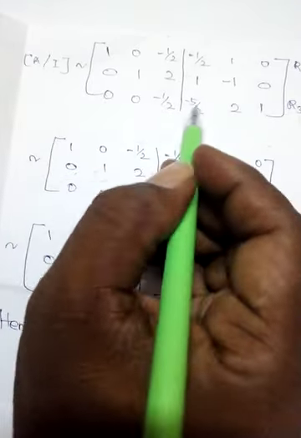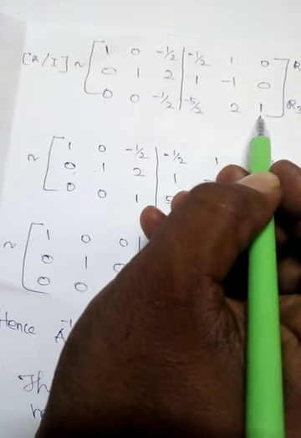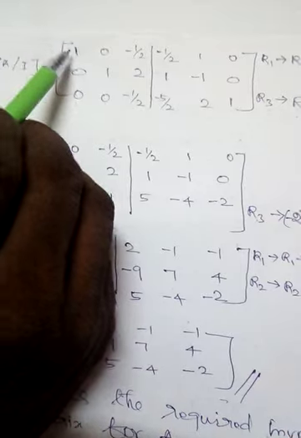So R3 will be 0 0 minus 1 by 2 minus 5 by 2 2 1. Okay, so R1 and R3 can be changed according to the rule, and R2 is kept as it is. Now go to the next level.